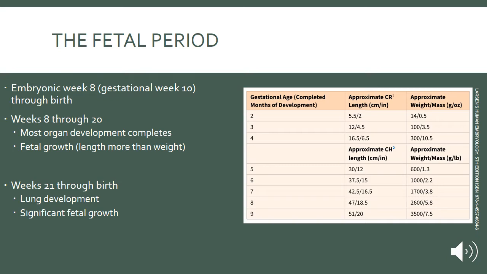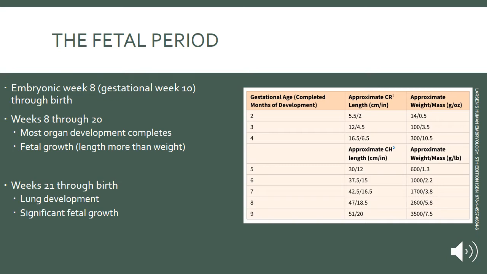During the early part of this period, most of the organ development completes, and we see growth, although it's really more length than weight. After week 21, most of the major organs are largely formed or are completely formed, with the exception of the lungs, which continue to develop over the course of the rest of the pregnancy. And we see fairly significant growth of the baby, including the baby putting on a great deal of weight and getting that chubby baby look that everybody likes.